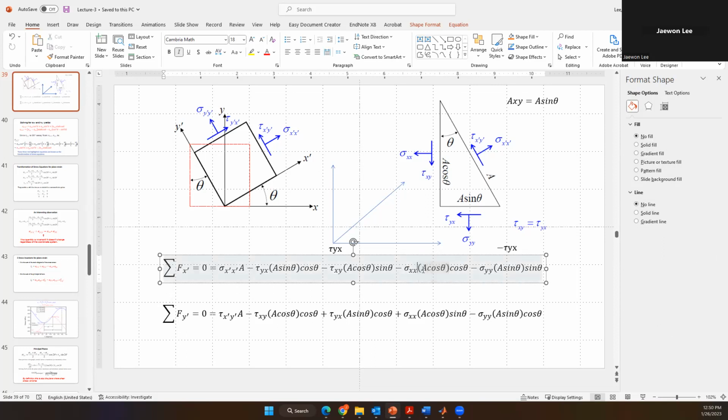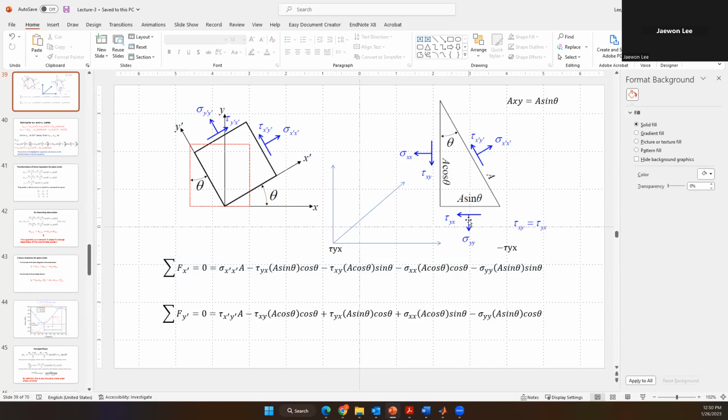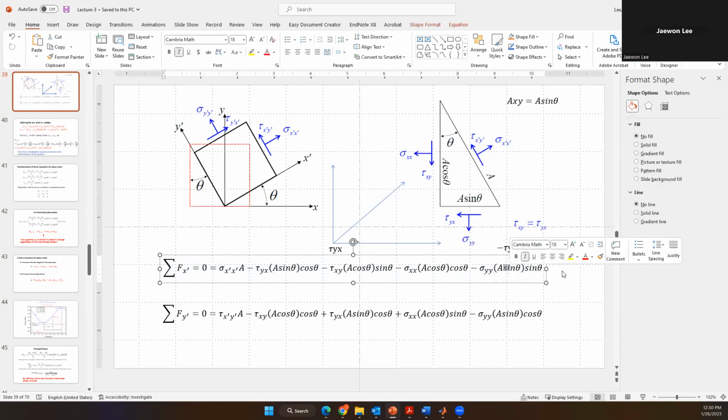Then sigma yy is exactly the same as tau xy. So the area is A sine theta, and sigma yy sine theta is related to the x prime direction.